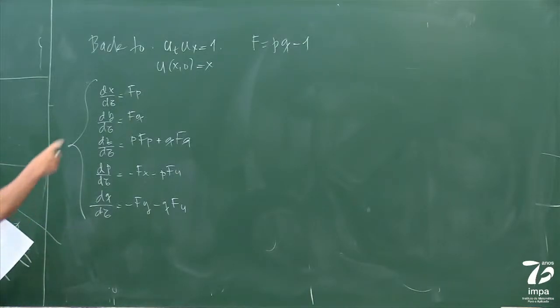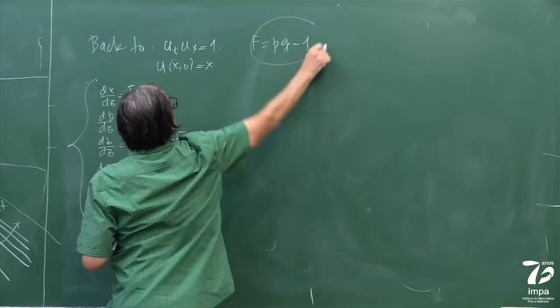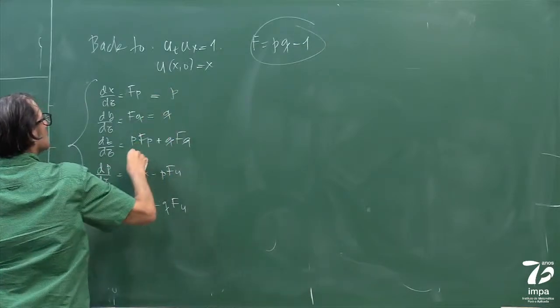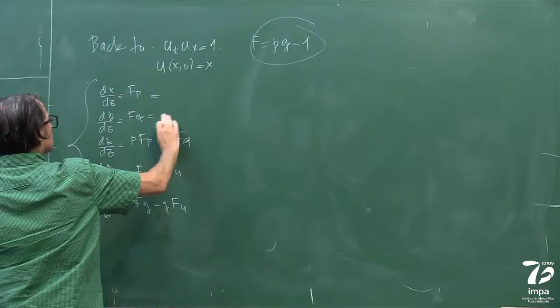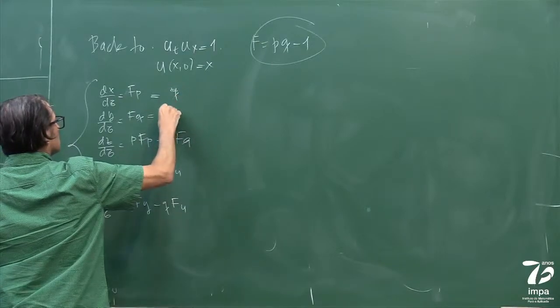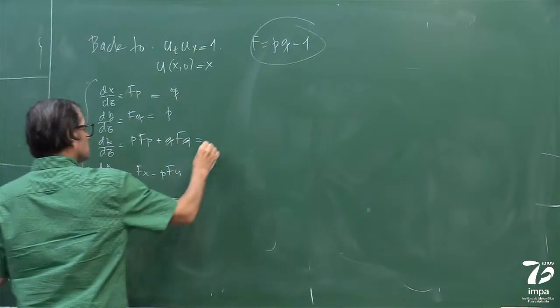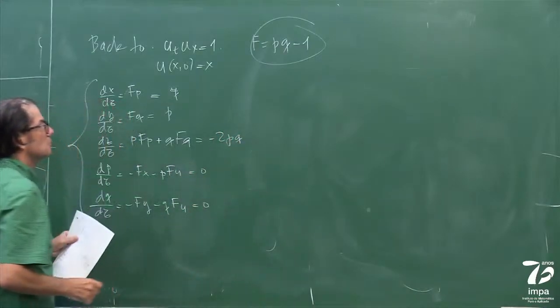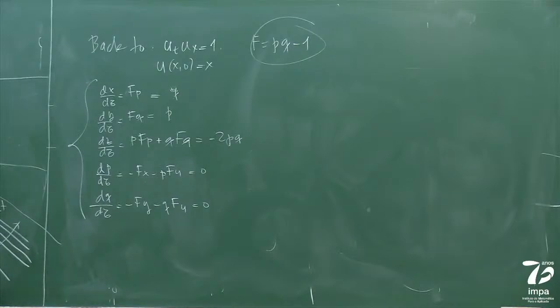Okay, and for this equation, just use this, not P, Q and P, of course. Q, P, this one's minus 2PQ, this is 0, this is 0. Okay.